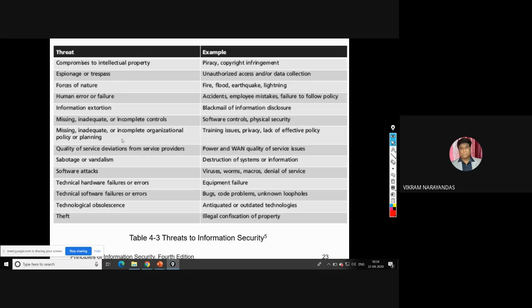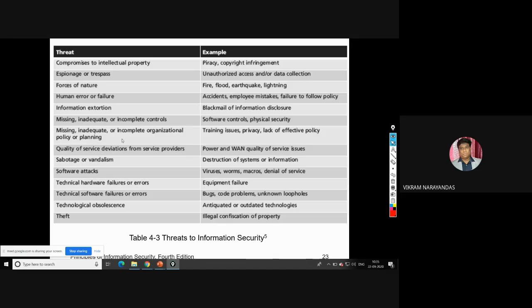Like that we discussed so many things: quality of service, deviations from service providers, quality of service issues generally, sabotage or vandalism, destruction of systems or information, software attacks, viruses, worms, denial of service attacks generally, technical hardware failures or errors, bugs, code problems, unknown loopholes, technological obsolescence, outdated technologies, theft, illegal confiscation of property.